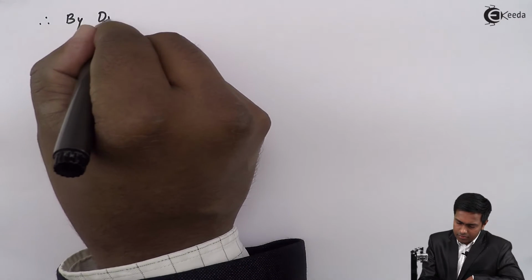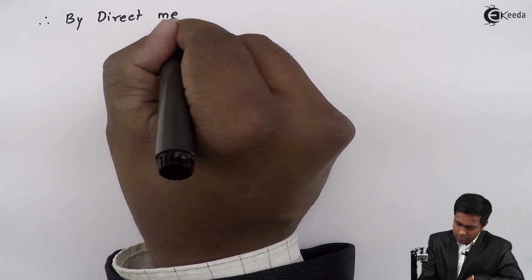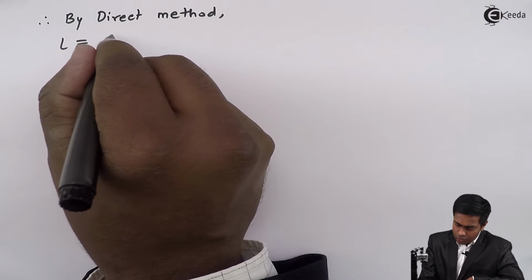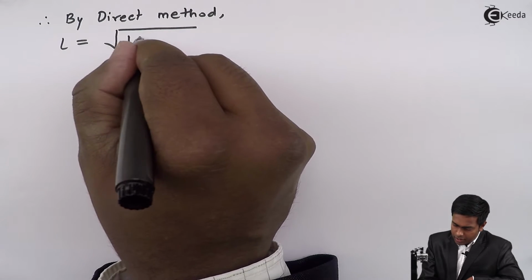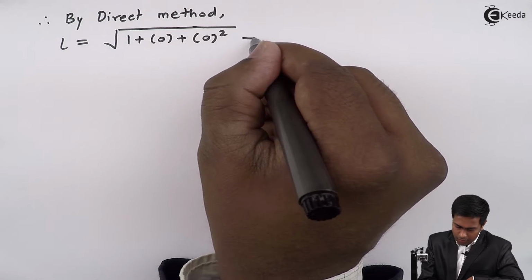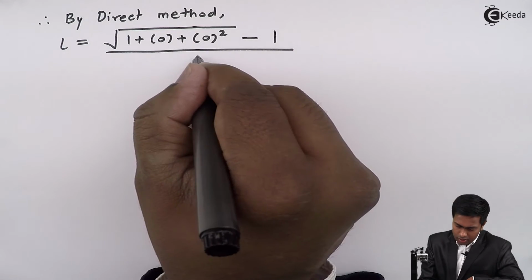By direct method we will get L as square root of 1 plus 0 plus 0 square minus 1 upon 0.